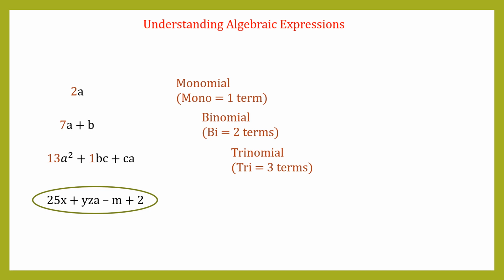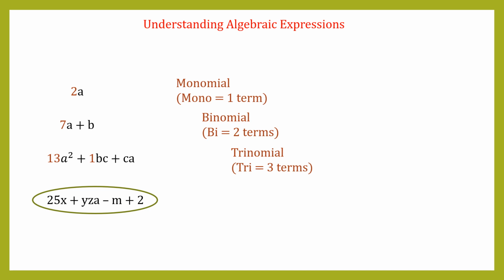These are the variables. Now, how many terms are there? 25x is first term, then y, z, a together is second term, then minus m is third term, and then plus 2 is fourth term.